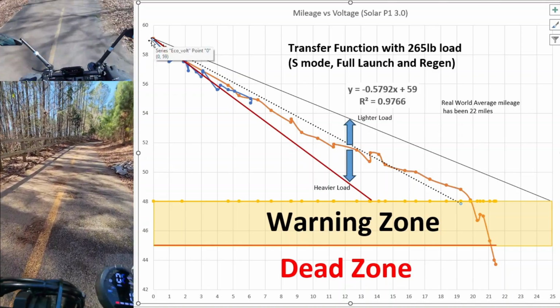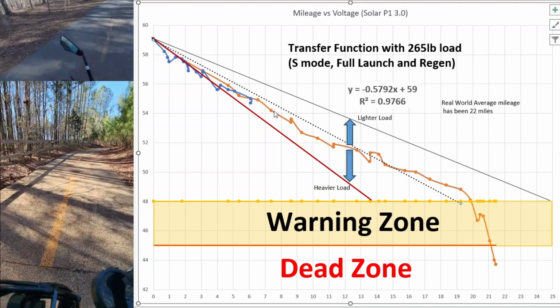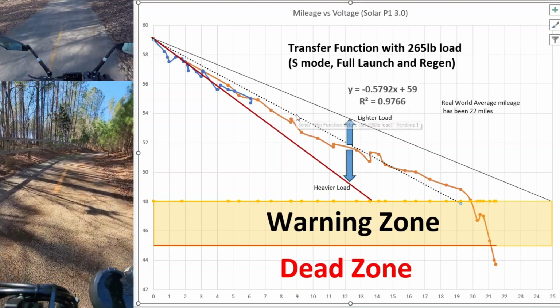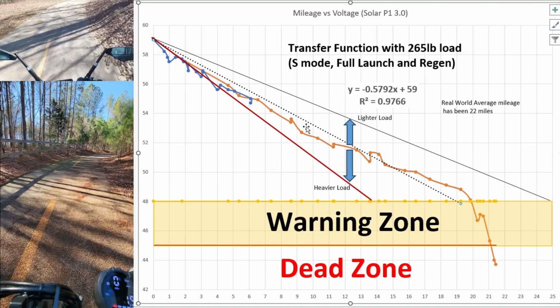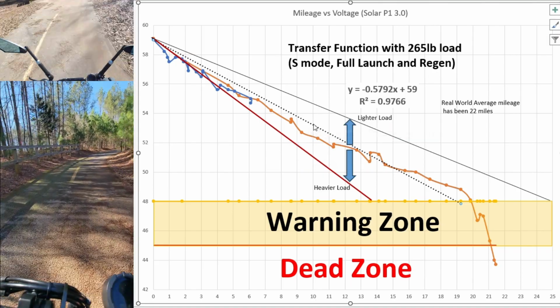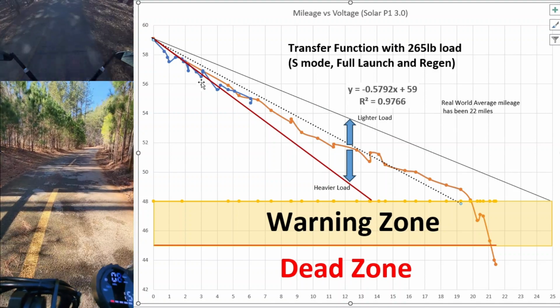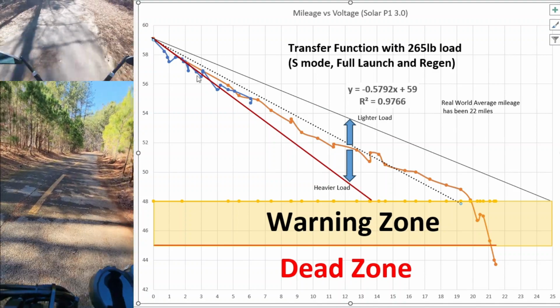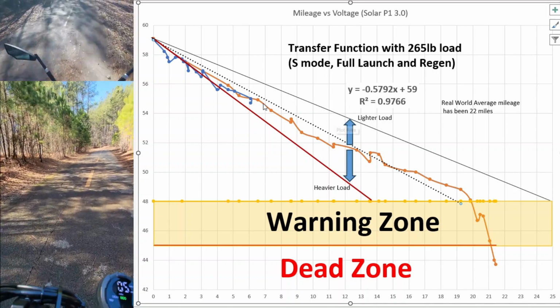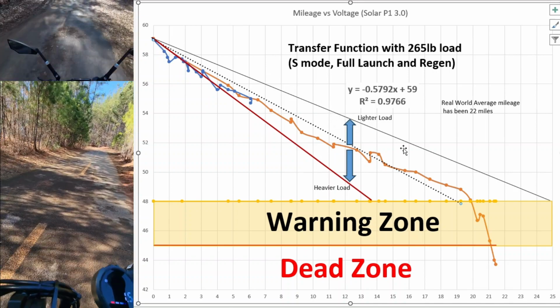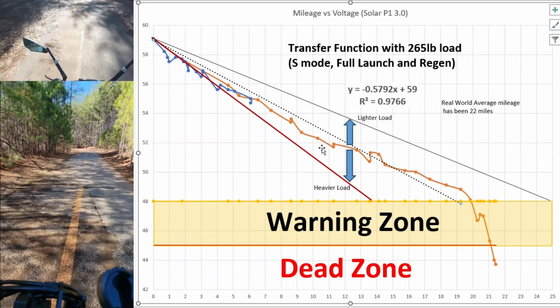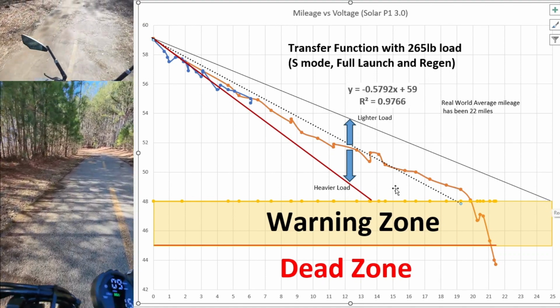And what that means is you're going to have a gain error, or a different slope, depending on your load. If you're heavier than 265 pounds, you can expect this to slope more downwards. If you're lighter than 265 pounds, you can expect this to slope upwards. So a lighter rider should get more miles, a heavier rider should get less miles.